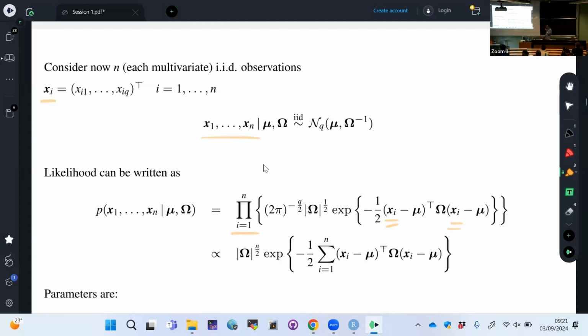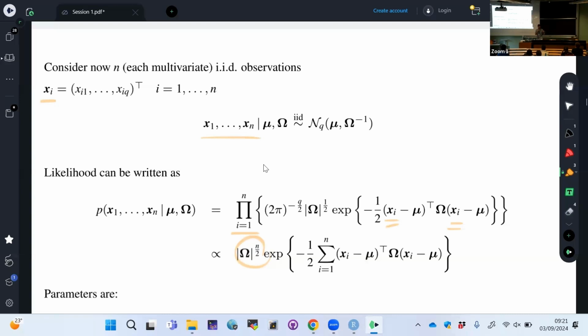This can also be written in the form below. It is proportional to the determinant of omega raised to n/2, times the exp of -1/2, and we can put the product within the exp, which becomes a sum, as you know: the sum i from 1 to n of (xi minus mu) prime omega (xi minus mu).